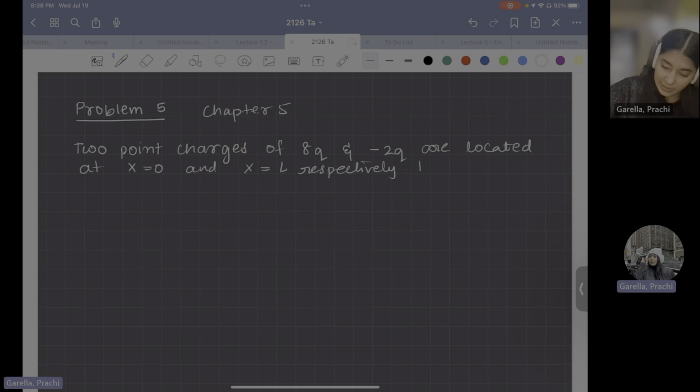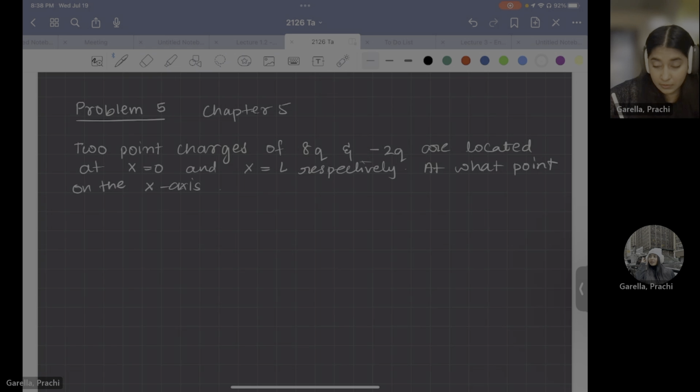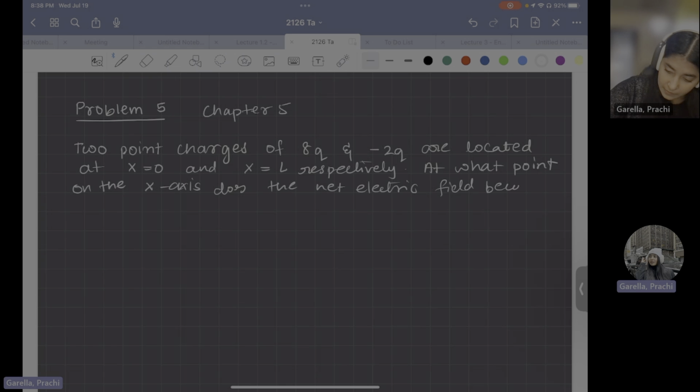You have to find at what point on the x-axis the net electric field becomes 0 due to the charges.